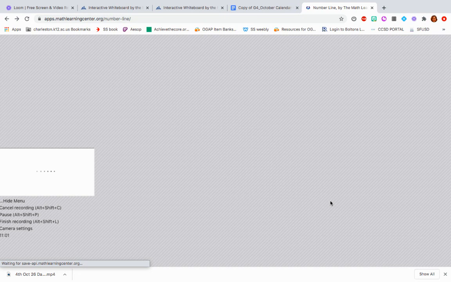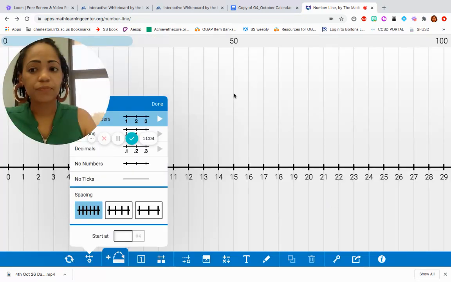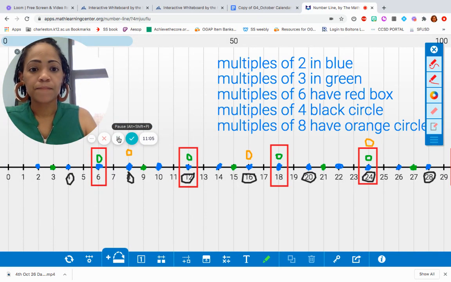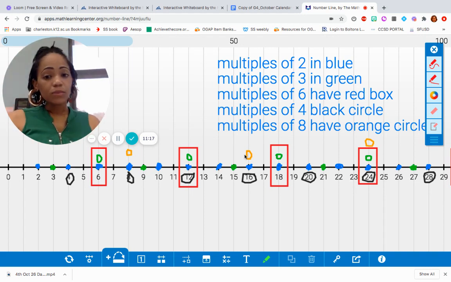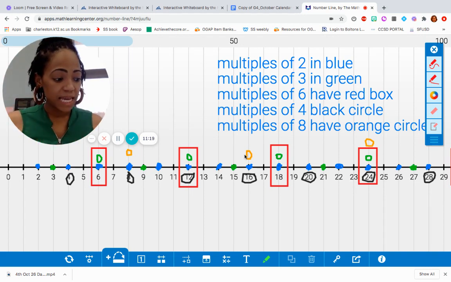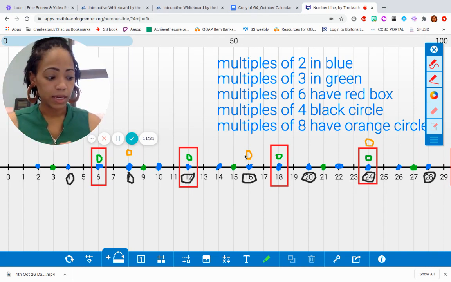We have multiples of 2 in blue, 3 are in green, 6 have the red box, 4 have the black circle, and then 8 has the orange circle, okay? So we've marked many, many multiples, okay?